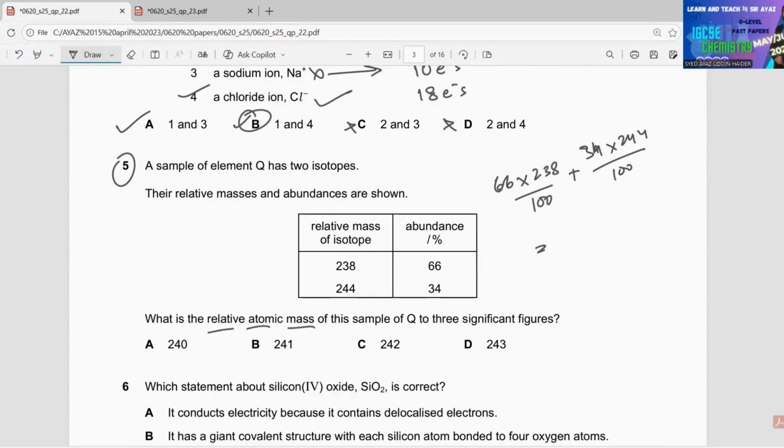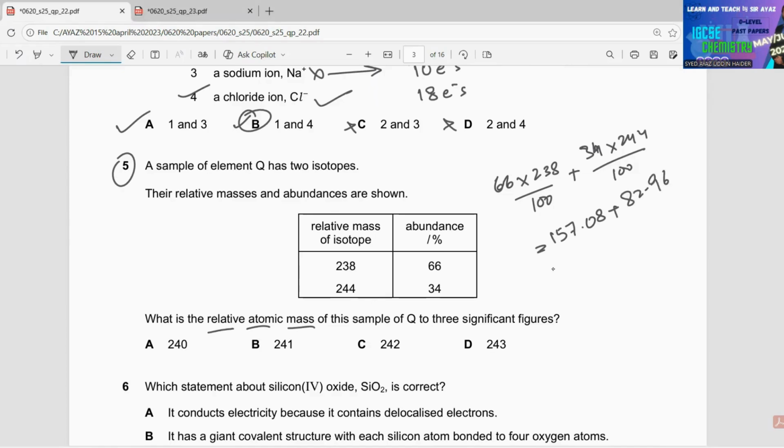If you solve these, the answer must be 240. 66% of 238 is 157.08, plus 34% of 244, which is 82.96.